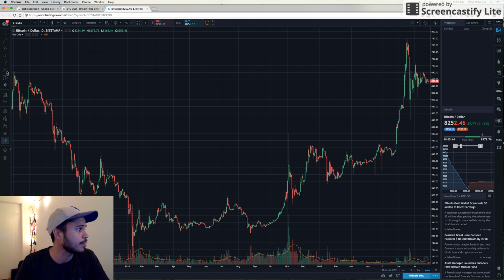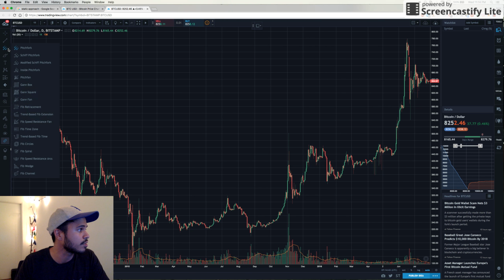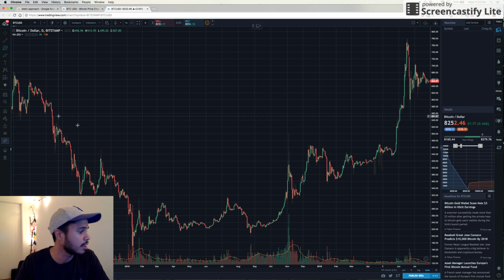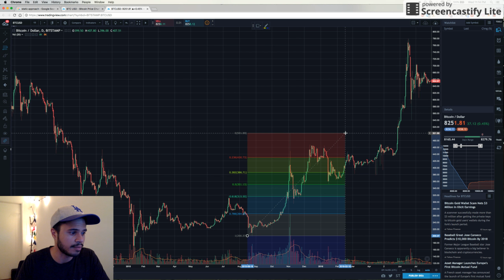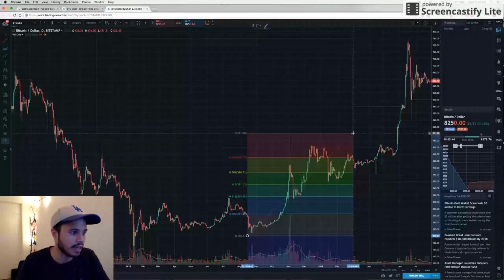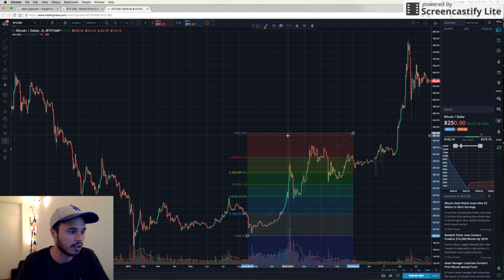Let's see if we can make some fib levels in some of these charts here. I mean, this is a pretty good one to make it in. So as you can see here, again, we want to mark the ultimate low and ultimate high of the ultimate move itself.